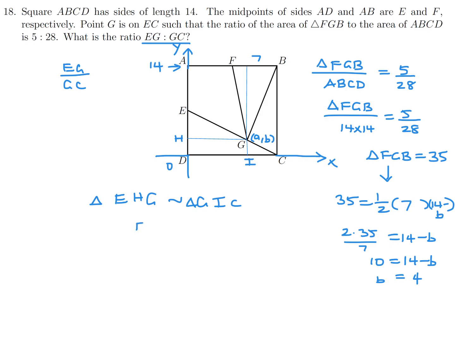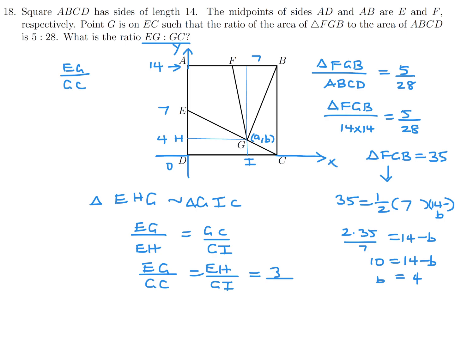So therefore, EG over EH is the same as GC over GI. And most of them, I think we know. We can rearrange to EG over GC is equal to EH over GI. EH, well, this is 7, this is 4, so EH would be 3, and GI would be 4. And that's exactly what they wanted. So 3 over 4 is the answer.